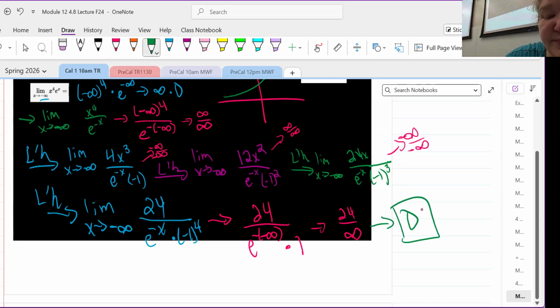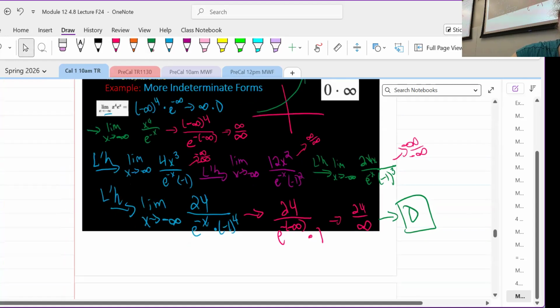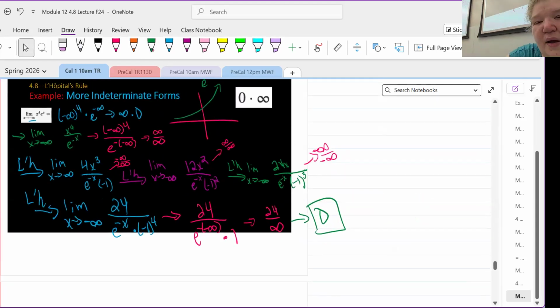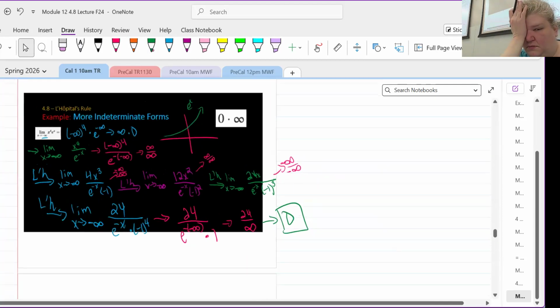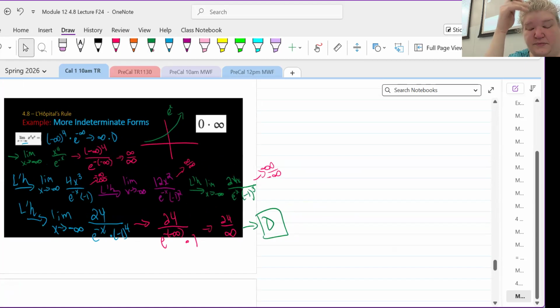That goes to 0. So we got some weird algebra manipulation, but we did figure out that this limit approaches 0.